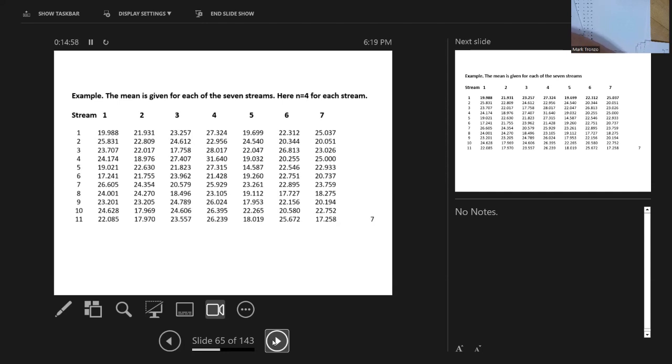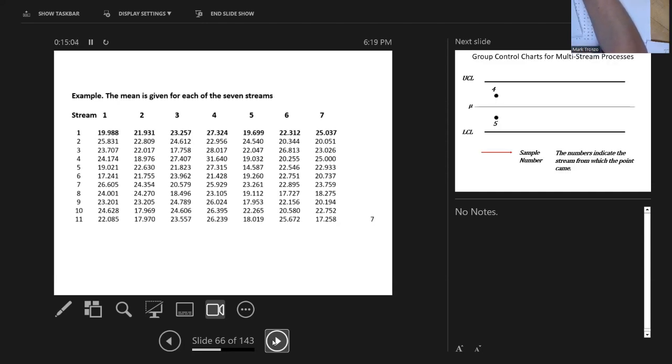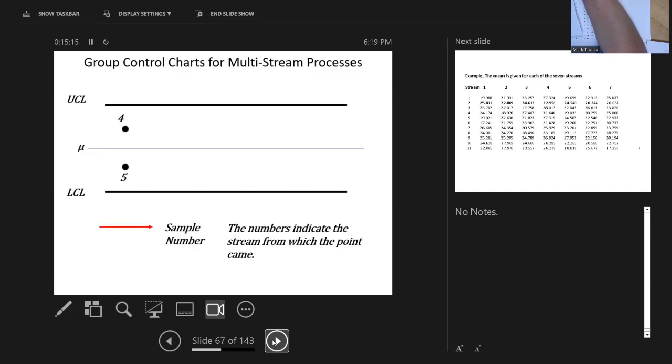So number 1 on the left column here, that's maybe the first time we're taking a sample, and we get those. Then we focus on that first sample that we take, and we have these numbers. We're looking for the highest and the lowest.